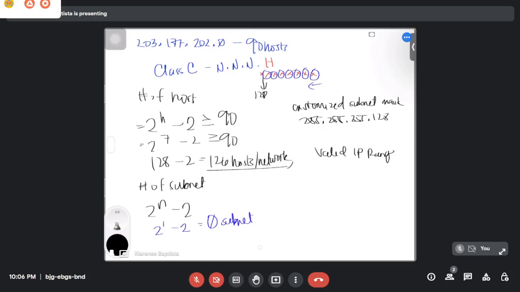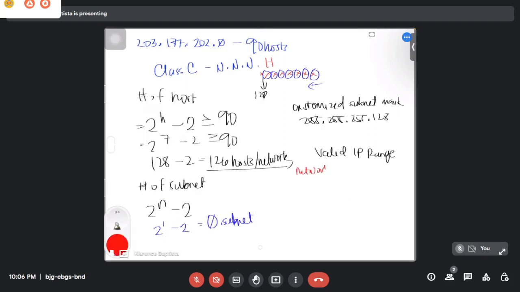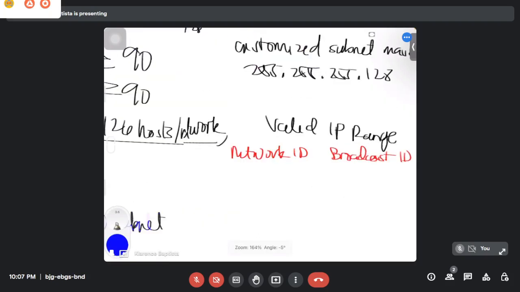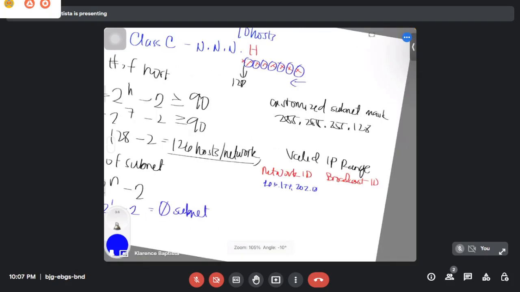Okay? Ngayon, if we're going to have the valid IP range, okay, so we have network ID and then broadcast ID. Start po tayo sa 203.177.202.0. Tama, di ba?